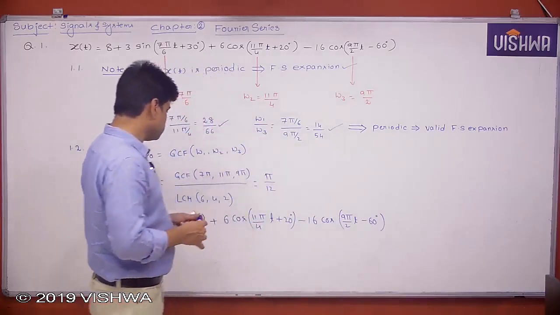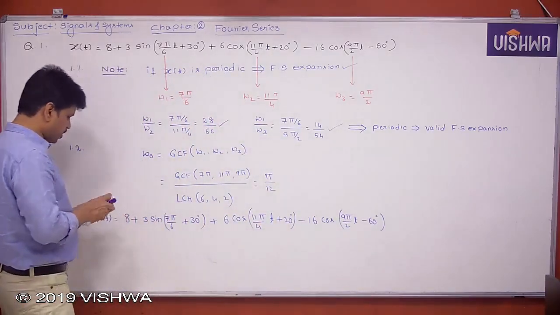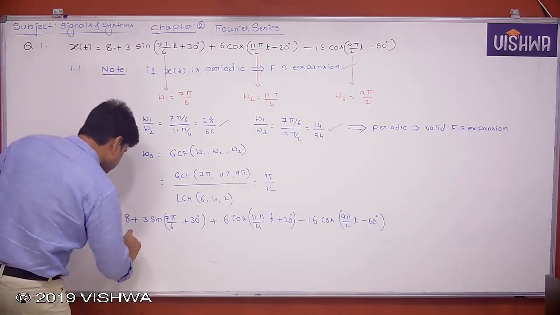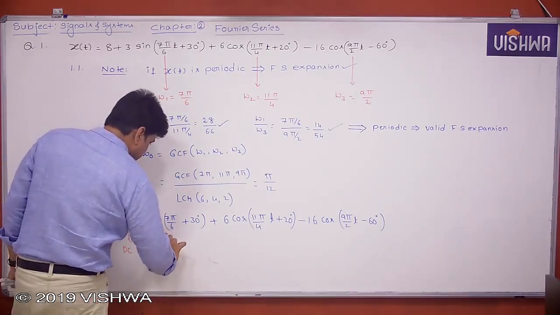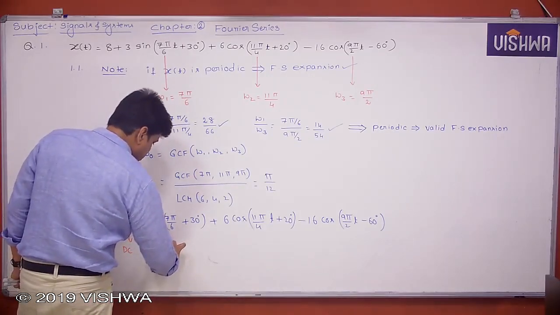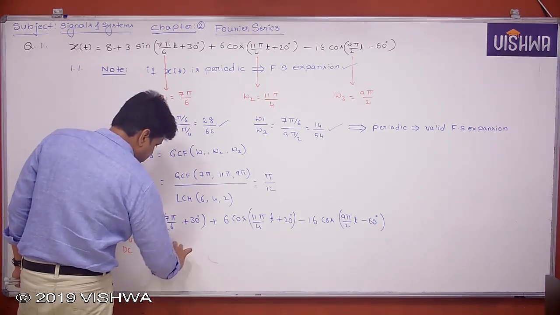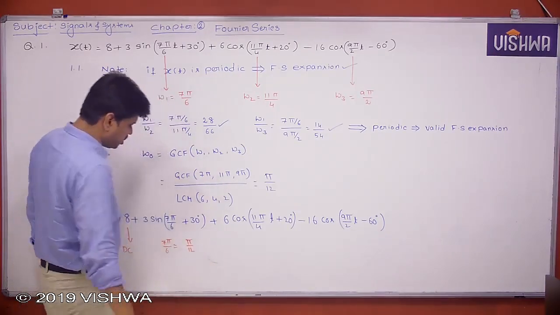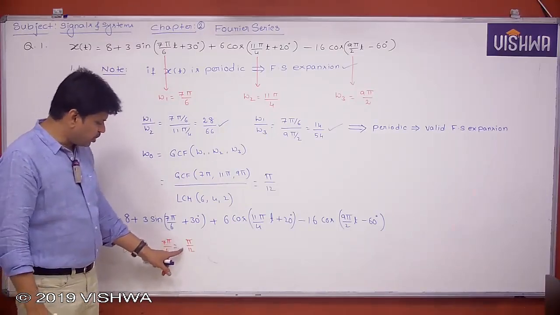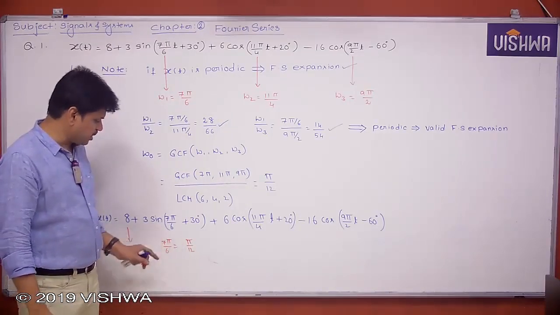First, this term indicates DC. Here 7 pi by 6. Suppose the fundamental frequency is pi by 12. What multiple do we have to write so that it becomes 7 pi by 6?